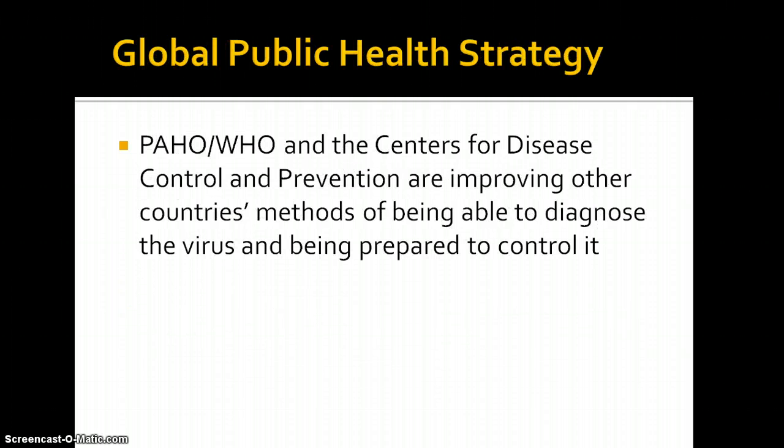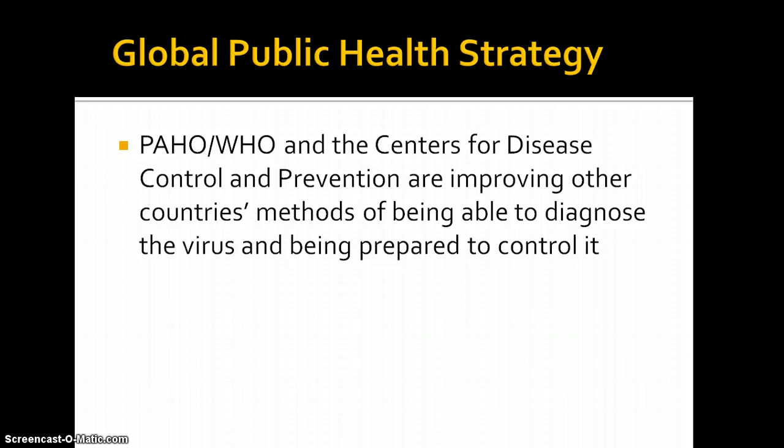So what are some of the global public health strategies? As I mentioned, PAHO and the WHO and the Centers for Disease Control and Prevention are helping other countries improve their methods of diagnosing this virus and being prepared to control it. Again, in the Americas, especially in the Caribbean islands and Central America, and it's even prevalent in South America now, people don't know much about this virus.